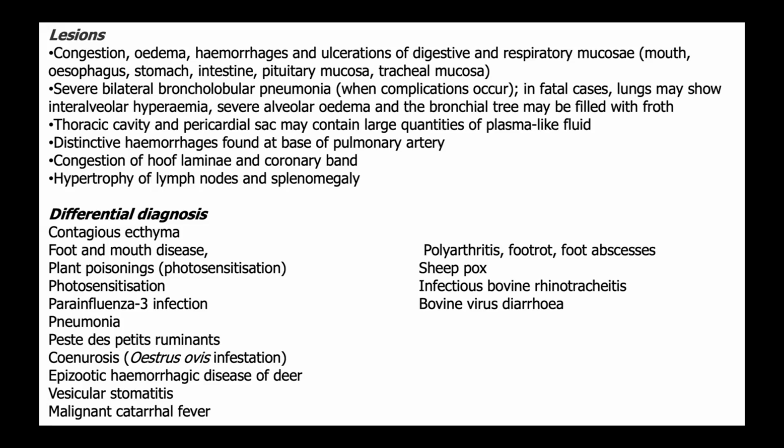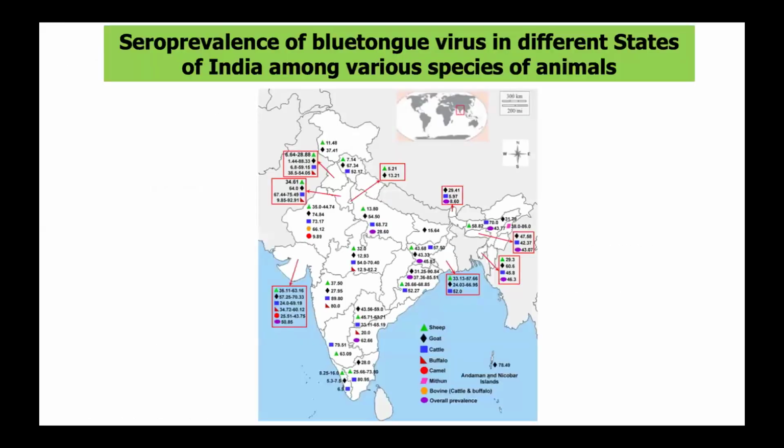Especially foot rot, because both occur in the same season, and in both conditions the sheep very reluctantly moves. So people confuse foot rot with blue tongue, or blue tongue with foot rot. Obviously, sheeppox and infectious bovine rhinotracheitis also. So these are the things we have to be careful about while differentially diagnosing.